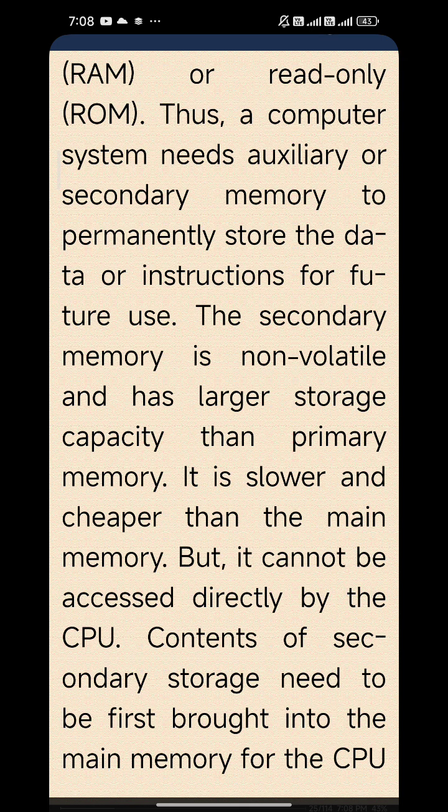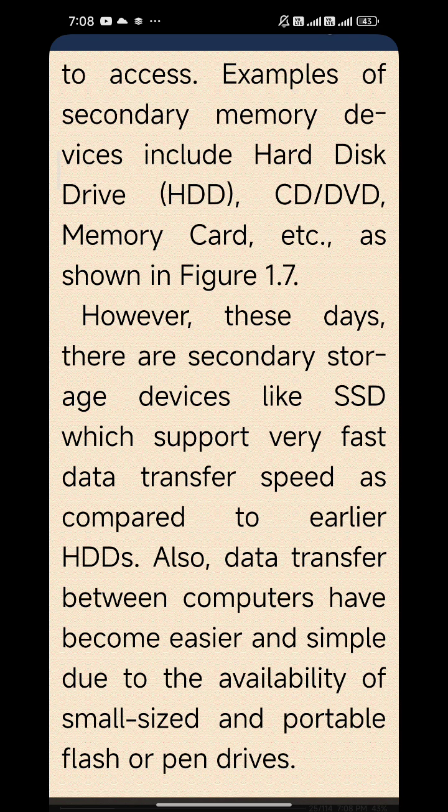Contents of secondary storage need to be first brought into the main memory for the CPU to access. Examples of secondary memory devices include hard disk drive, HDD, CD or DVD, memory card, etc., as shown in figure 1.7. However, these days there are secondary storage devices like SSD which support very fast data transfer speed as compared to earlier HDDs.